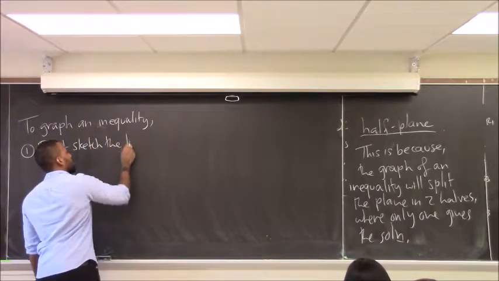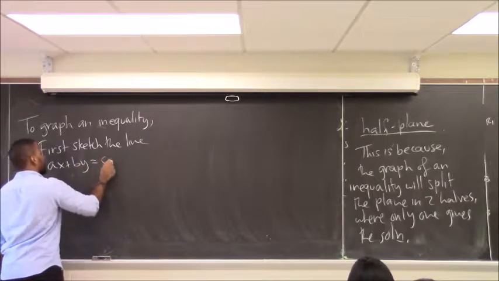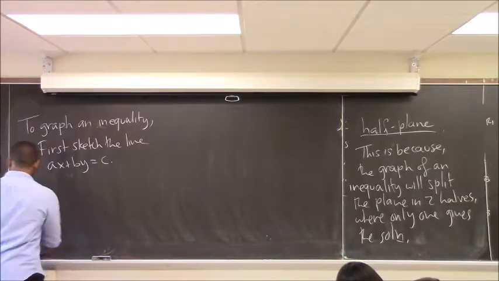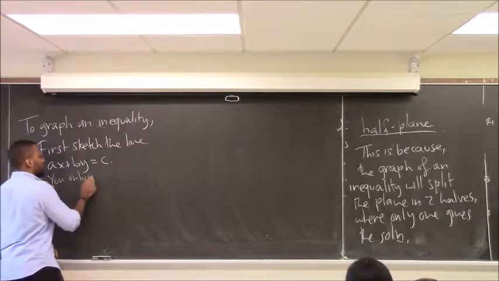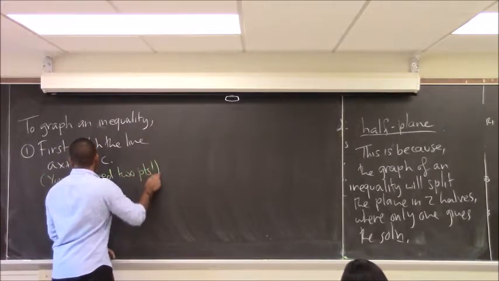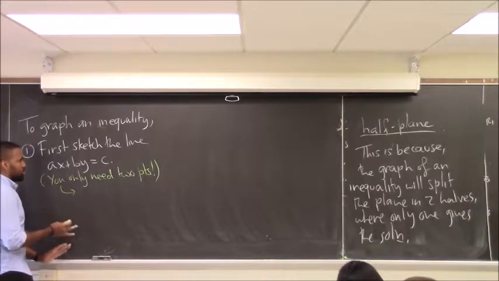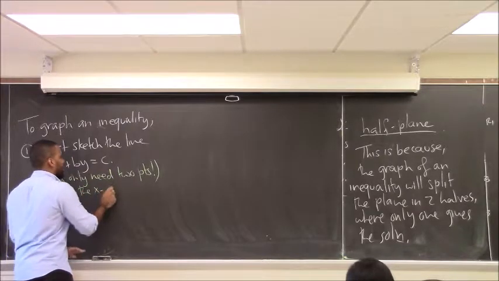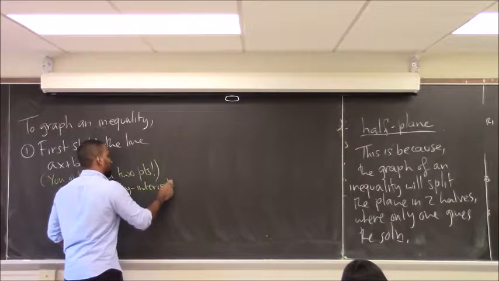First, sketch the line ax plus by equals c. So first, let's draw the line as if it were a regular line. Remember, you only need 2 points here. Don't waste time with more than that. Whenever possible, and usually for us it will be, the x and y intercepts will be the most convenient points.